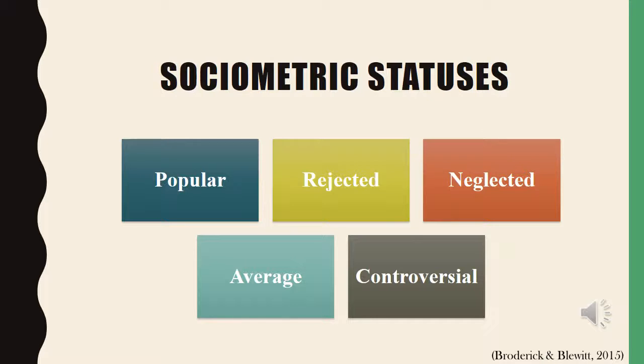This can impact a child's social development. Or if a child falls in the popular category, where they're getting a lot of positive nominations and few negative nominations, but they are highly visible, that's going to impact their self-concept. And so thinking about this for our own children, for the children that we counsel, and for how children are interacting with one another.